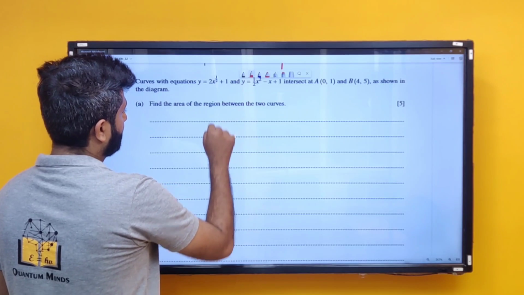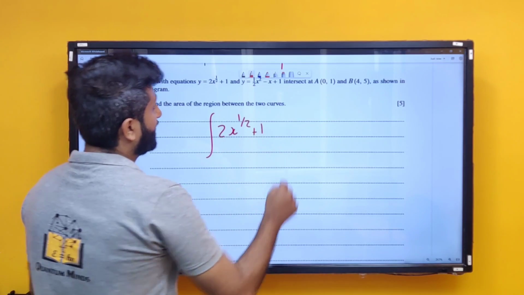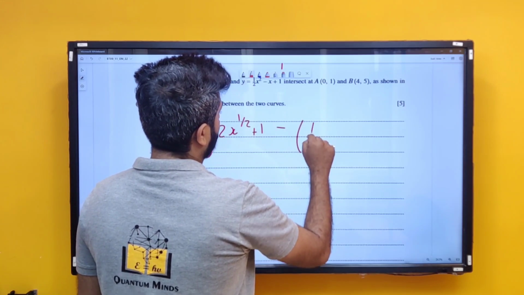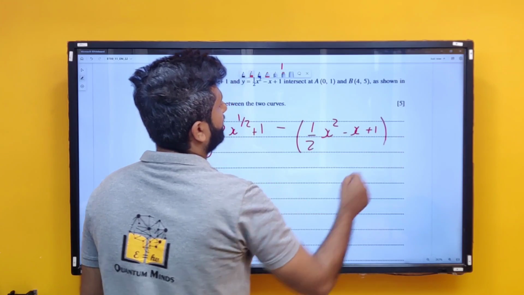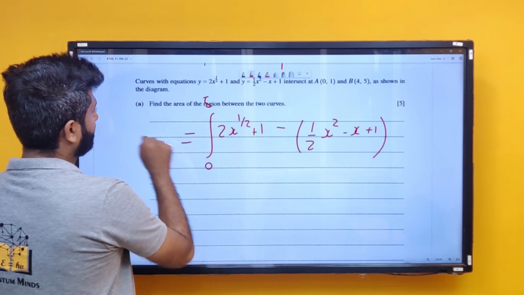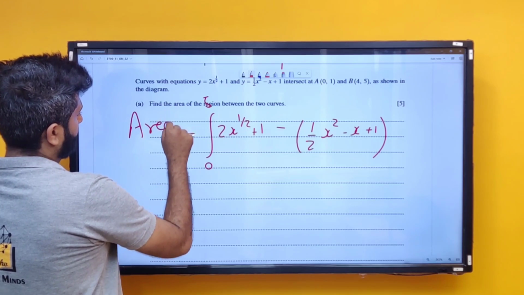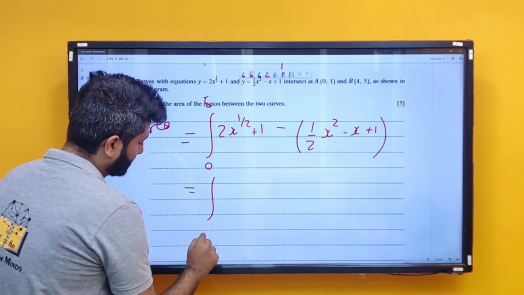So integration of 2x power half plus 1 minus integration of half x square minus x plus 1 from the limits of 0 to 4. This will give me the area. So before integrating, let me simplify this expression.